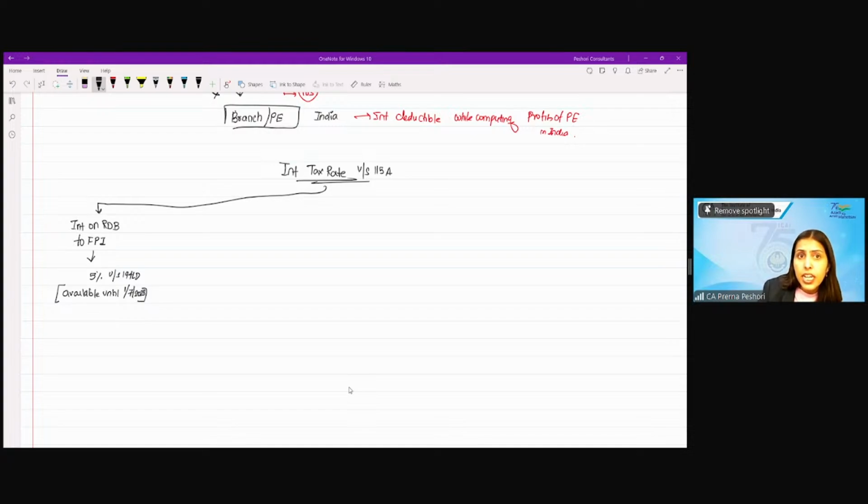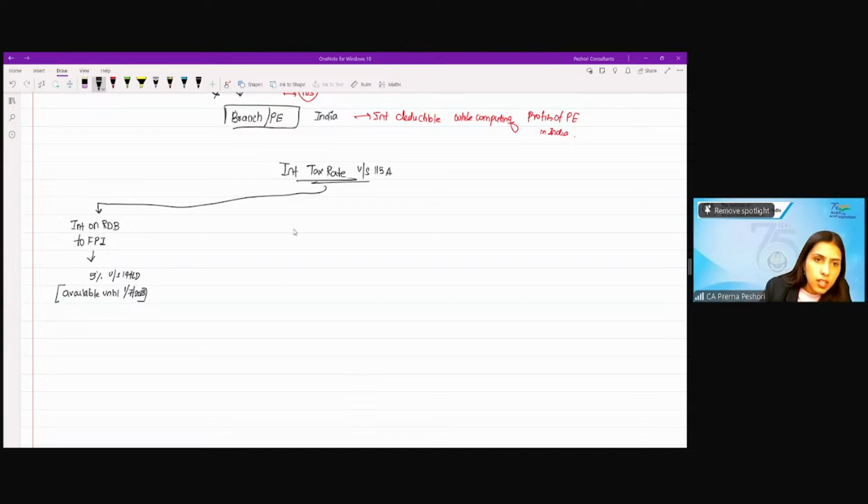Secondly, in respect of the interest which is paid by the government or the Indian company on the money borrowed in the foreign currency. So bonds which are denominated in foreign currency, if that be the case, on that it will be 20%.